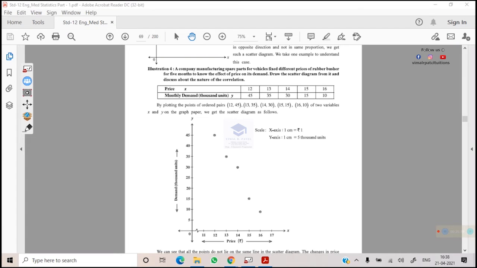Increase in price will cause decrease in demand, because demand and price are inversely related, that we have established in your 11th standard law of demand. But here also the change is in the opposite direction and not in the same proportion. So it is a case of partial negative correlation, where value of R will be between -1 and 0.